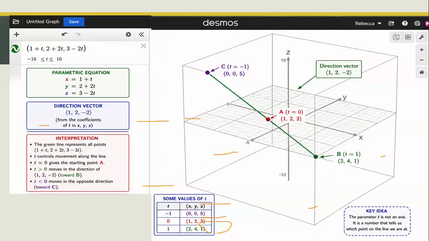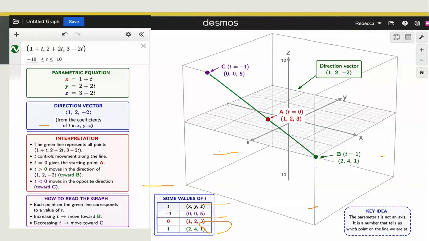Good. So when you put those equations into Desmos, you can see the 3D space with the 3D line. Again, the axes are x, y, and z. Now, the three equations give us the points.